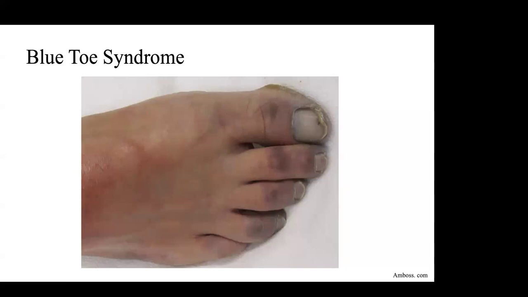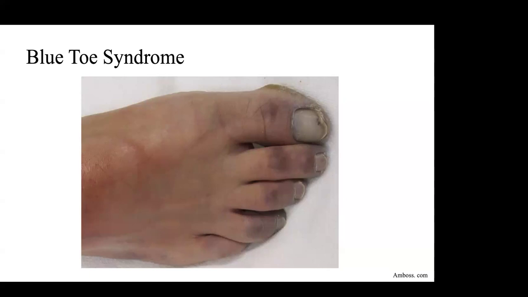So the patients here will present with intact pedal pulses, but there will be inadequate circulation to the individual toes.